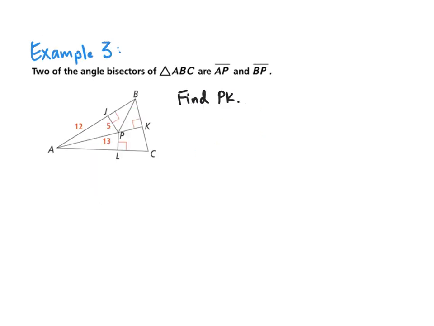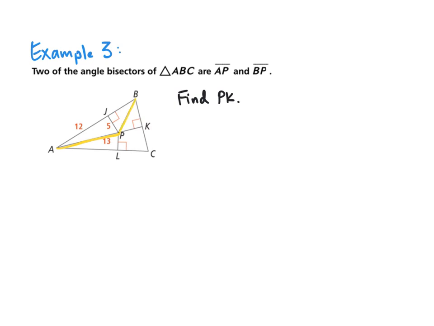Now in this next problem, example 3, we're looking at angle bisectors. It says 2 of the angle bisectors of triangle ABC are segment AP and segment BP.